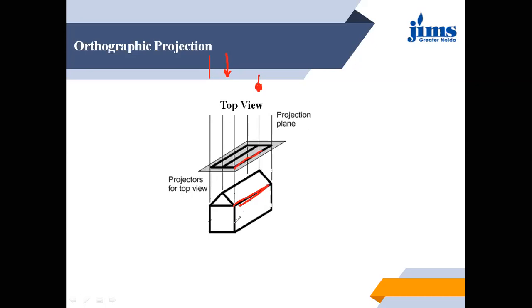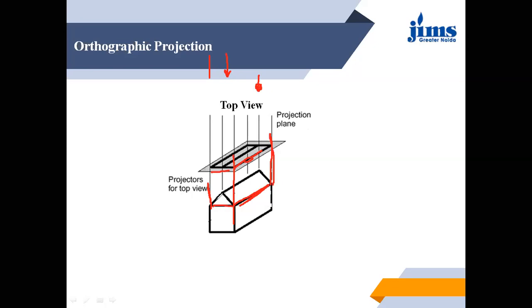As you can see, this ray is coming from this point, this ray is coming from this point, and these are parallel to each other. So this distance and this distance both are the same. When we want to see from the front, then from this corner this is the parallel ray, from this corner this is the parallel ray, and this distance is the same as this distance.